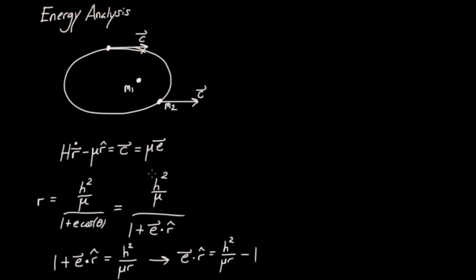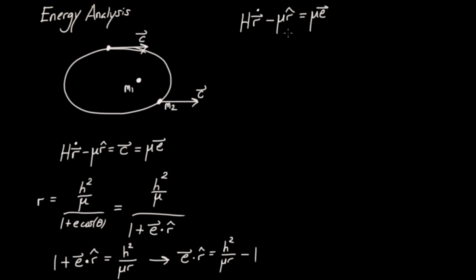Now the next thing I'm going to do is rewrite this equation up here. So I have h times r dot minus mu times r hat is equal to mu times e. Now remember what these things are. h was that angular momentum per unit mass bivector. r dot was the velocity vector, and r hat was that unit displacement vector.